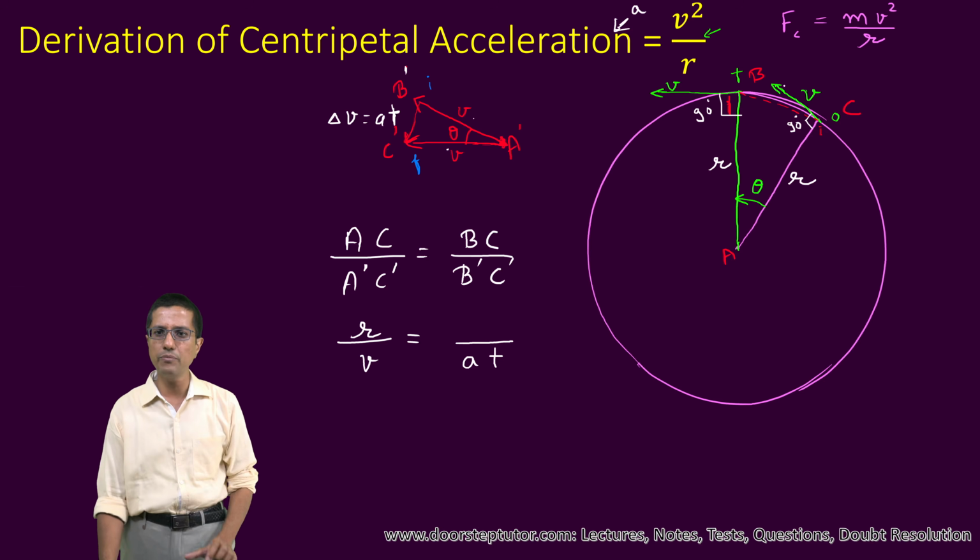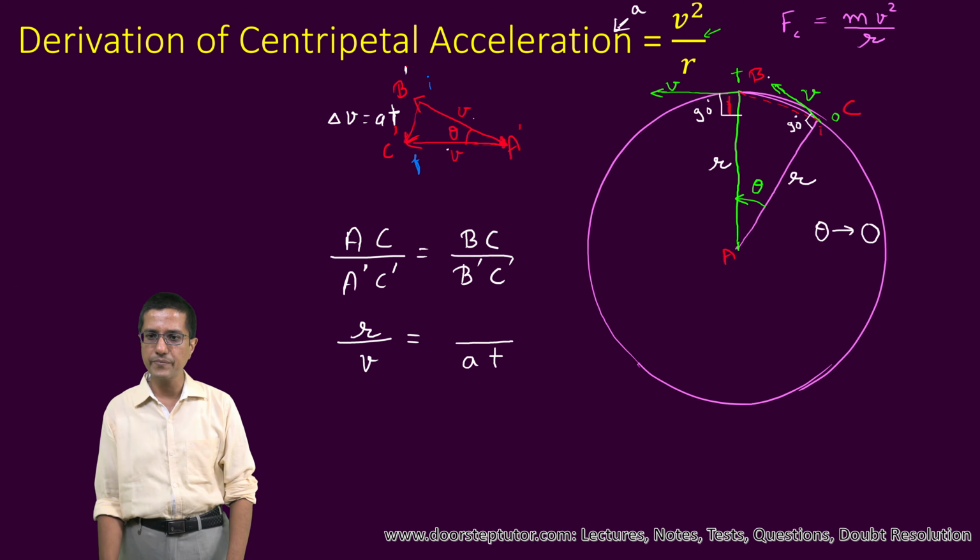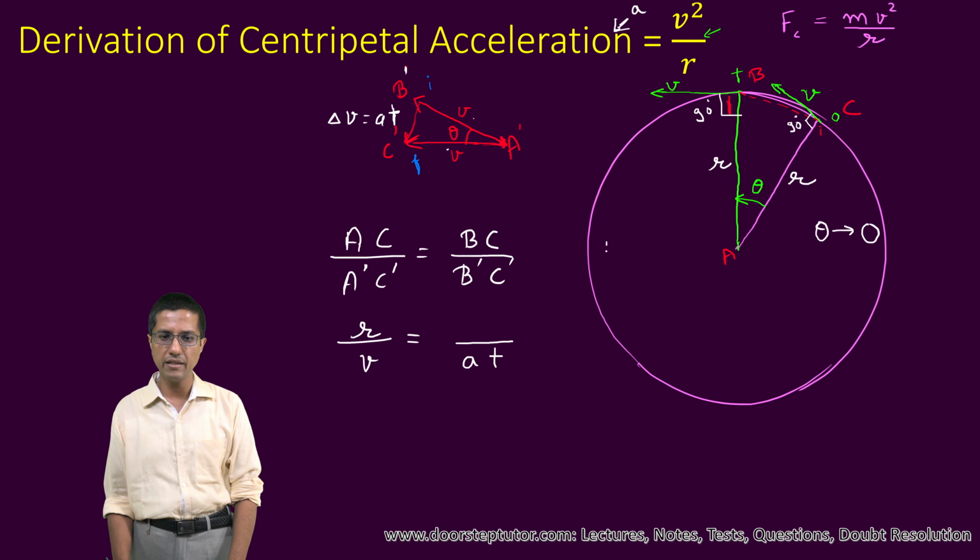Now let's focus on BC. See, as this theta becomes very small, as this theta tends to 0, you will notice one thing, that this arc BC will become equal to the side BC.